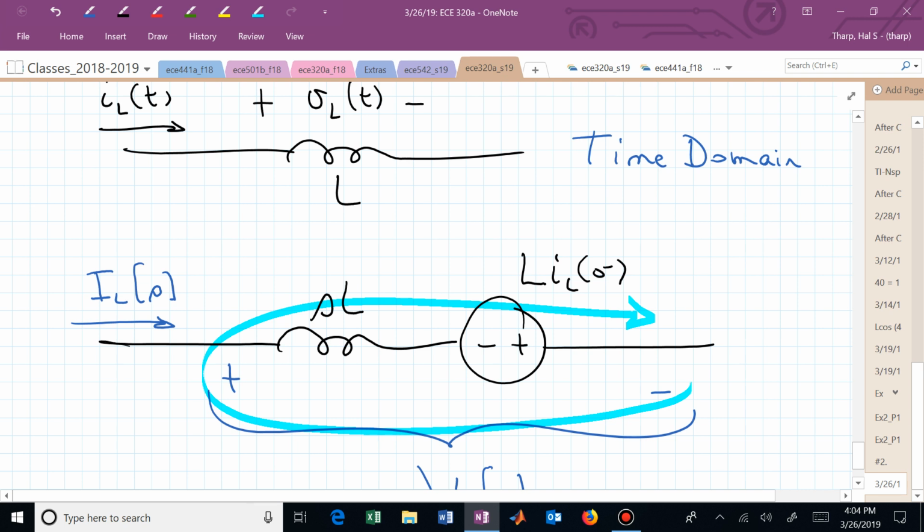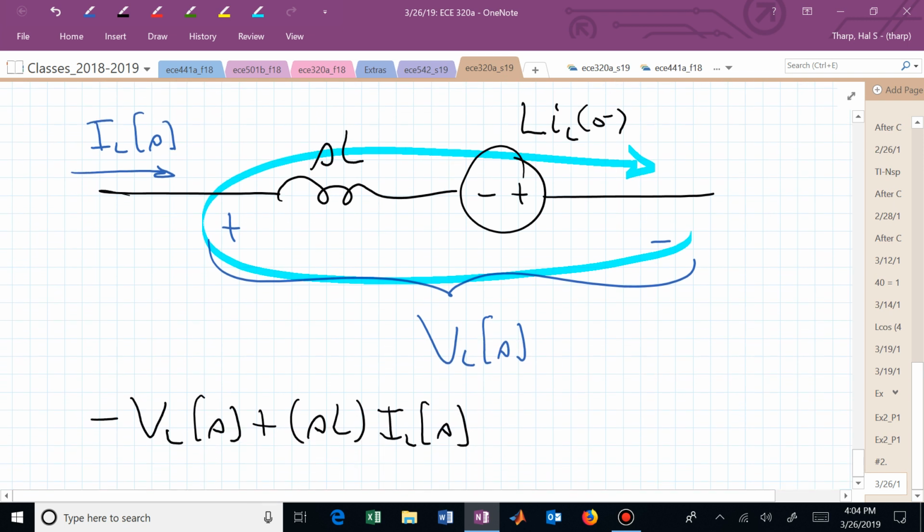And we do it in the frequency domain by this particular voltage source in series with the impedance of the inductor, which has an impedance value of SL. But do you see that this voltage source brings in the initial condition in a slightly different functional form than the voltage source of the capacitor? This one is just a constant, L times I sub L of 0 minus.